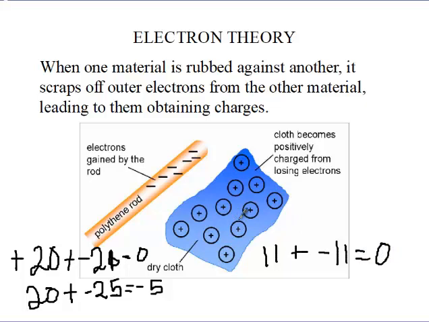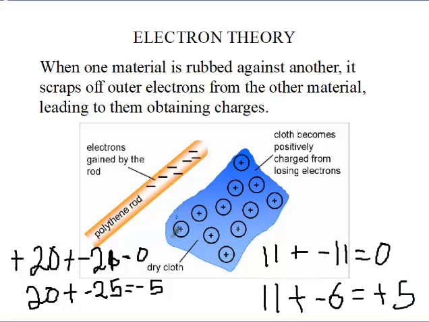Now, if this cloth, let's say, lost 5 electrons to the polythene rod, we are going to have 11 protons. When you take away 5 electrons from the 11 electrons that were existing, we get a minus 6 difference. When you add 11 to minus 6, you get positive 5 as the answer.